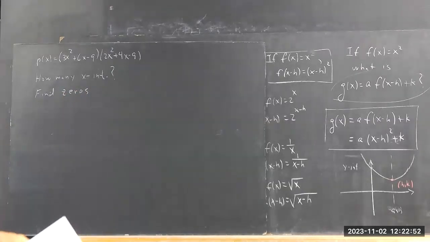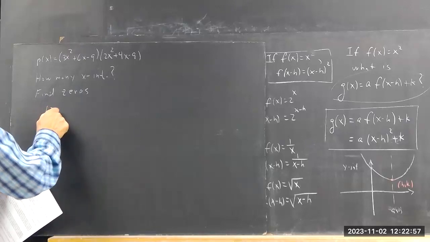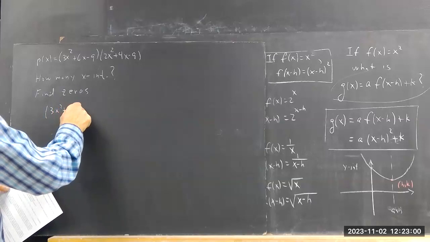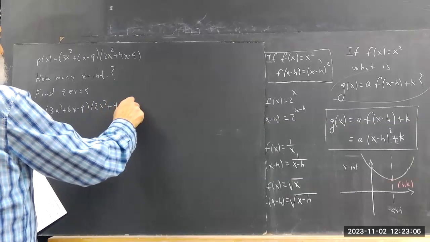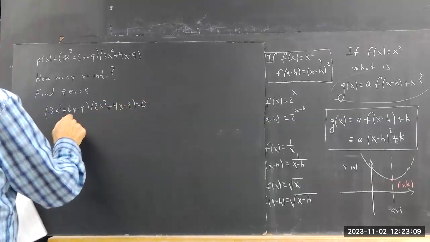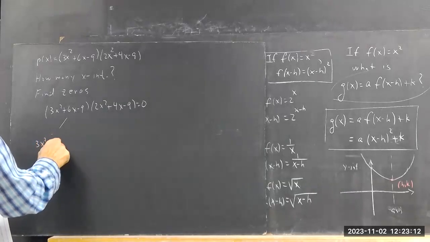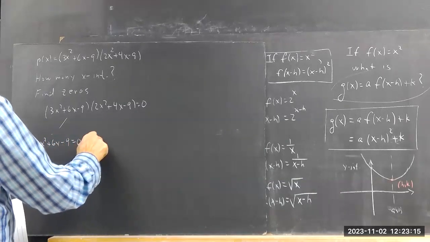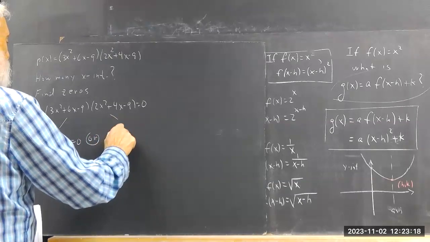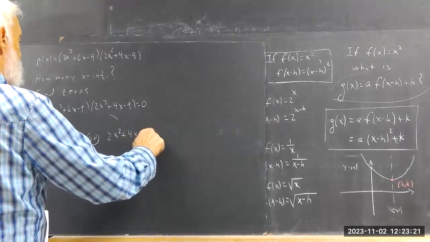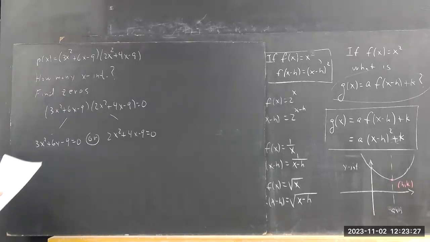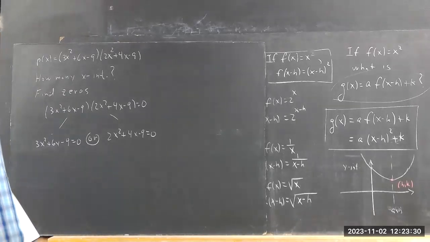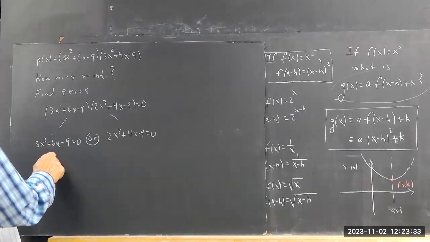Well, find how many x-intercepts, you find the number of zeros. Okay, you can do this. This or this.